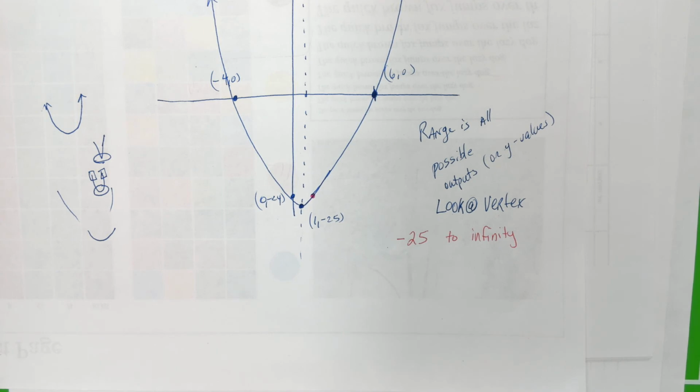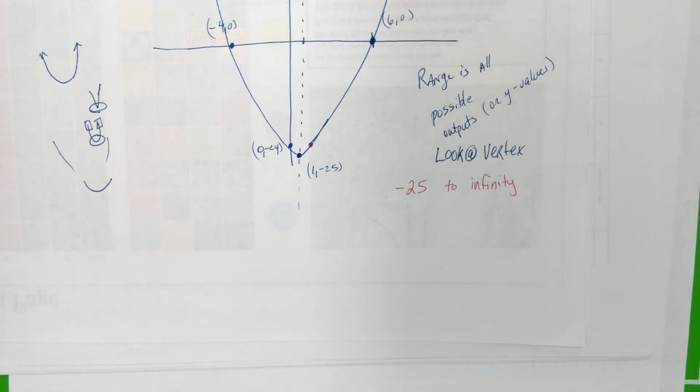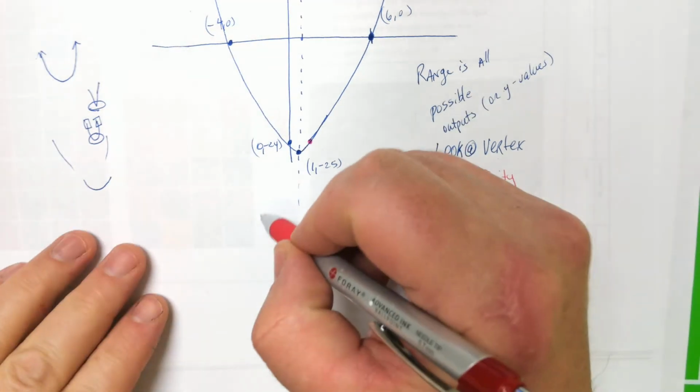So it can be negative 25 to negative infinity? No, because that would be... I'm glad you asked that. I'll draw you a picture of what that would look like. Because you're asking what if it was negative 25 to negative infinity, right? That would be this in red.